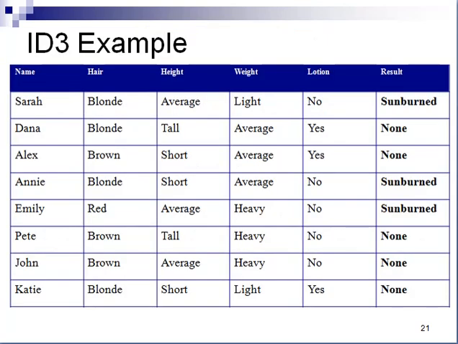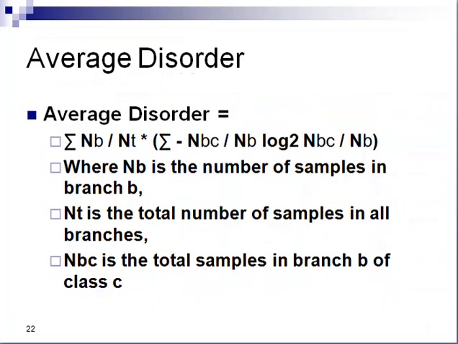Now let's consider an example. It's basically the same example, but this time we are trying to make decision trees through average disorder. We have the same number of individuals with the same attributes, and here we have our resultant output class. This time we need to calculate the average disorder, and here is the equation.